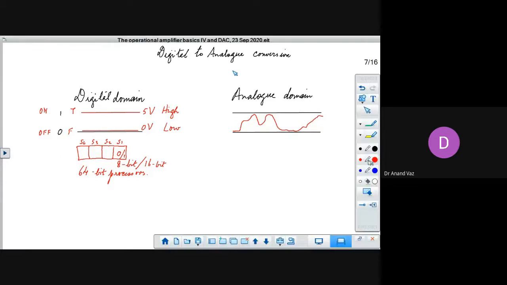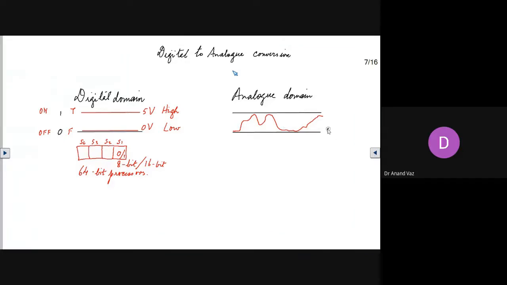So this is in the analog domain. So here you have two limits. So this is your lower limit, and here you have the high, but in between these two, and they need not correspond exactly to 0 and 5 volts, they may change.